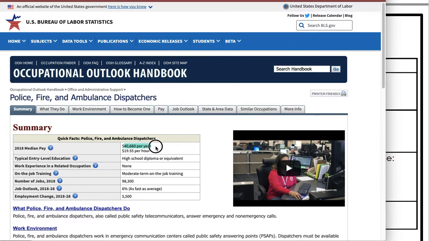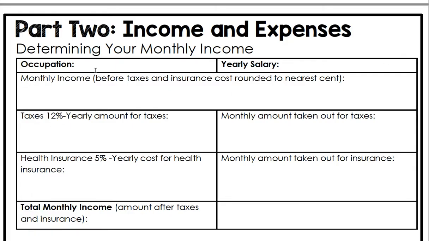For this one, it's $40,660 per year. That would go in yearly salary right here. Your occupation would be 911 dispatcher. Yearly salary, monthly income before taxes and insurance. I would take that yearly salary and divide it by 12.